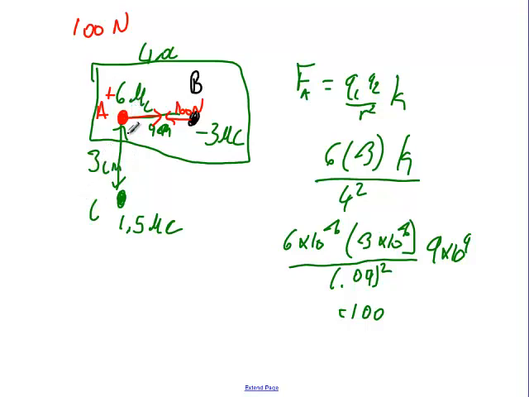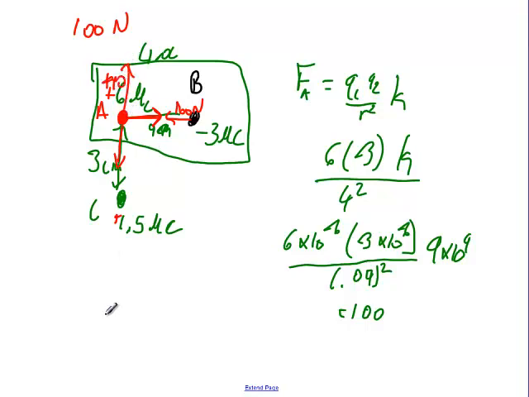But if the force on A from B is 100 newtons to the right, and the force on A from C is, I think if you work out the math, about 90 newtons this way. Except it's not down, these are both positive charges, so this 90 newtons is actually positive 90.